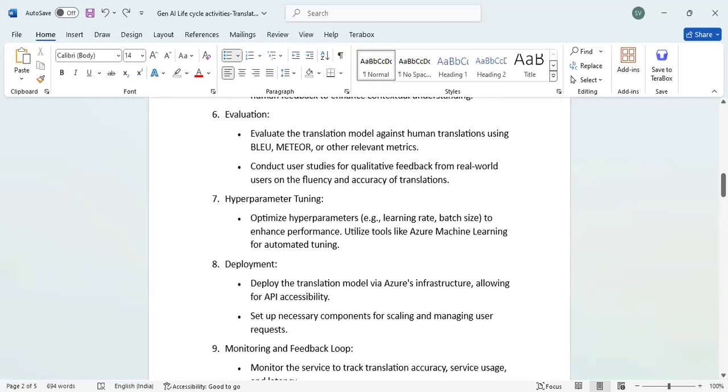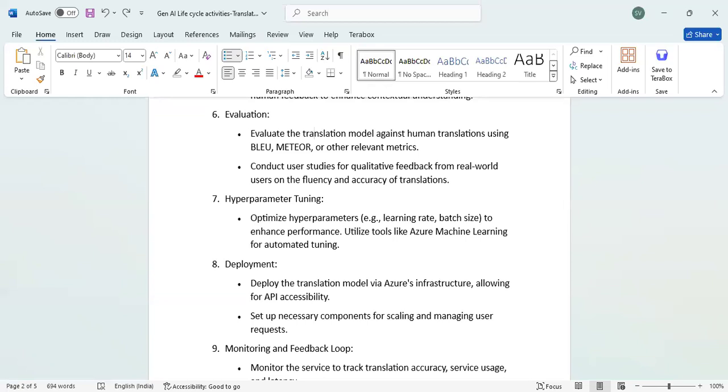Okay, hyperparameter tuning. Optimize hyperparameters, for example learning rate and batch size, to enhance performance. It means, let us say you give the input file, then you select the language translation source and destination, then you submit it. When you submit it, there will be a circle rounding on the web page. You know that in every conversion.